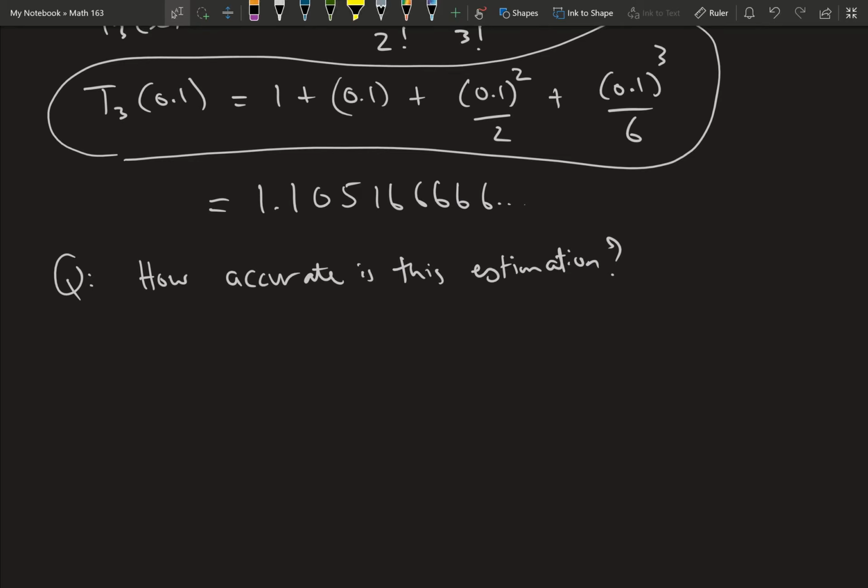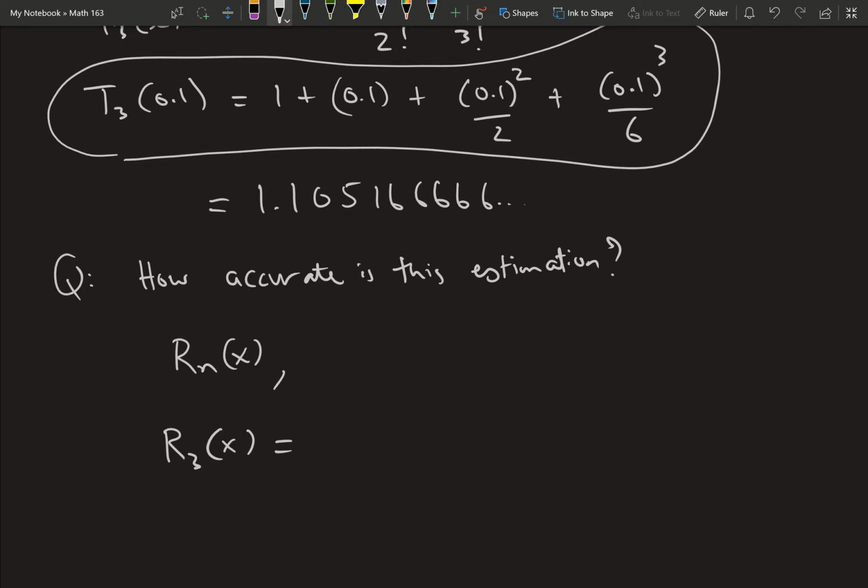And the error, my procedure is actually a little bit different than the book's because I gave you a better version of Taylor's theorem. So recall the remainder theorem: Rn of x, in this case the remainder for the third order Taylor approximation. It depends on the next derivative, the fourth order term.